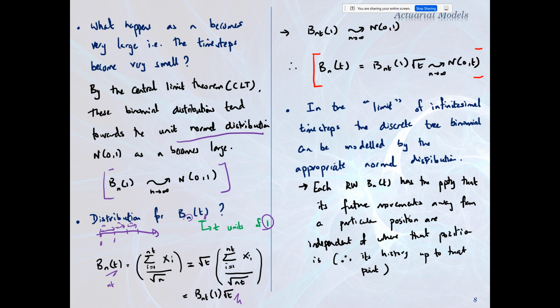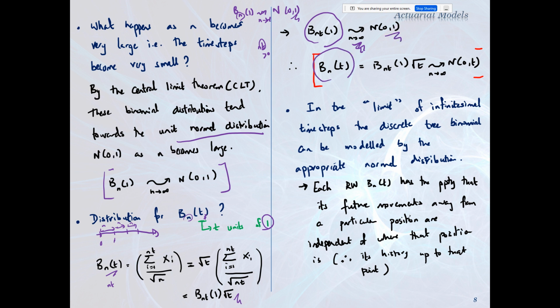So what is Bn1 when n tends to infinity? I know that Bn1 tends asymptotically to N(0,1). If I have n time steps and make n tend to infinity, I get that distribution. And if I put n times t, where t is positive and n is tending to infinity, I still have the N(0,1).